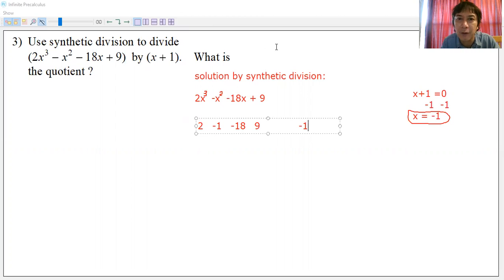There, and then just use a partition line there. These are the coefficients of the terms of the dividend: 2, negative 1, negative 18, and 9. All right, so we will proceed with our synthetic division.